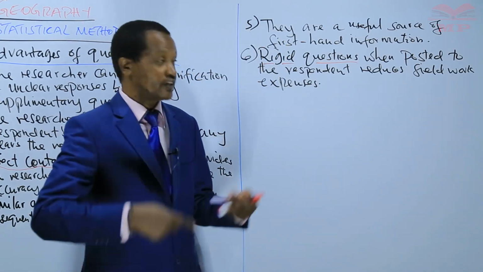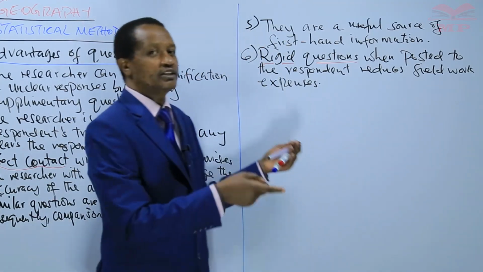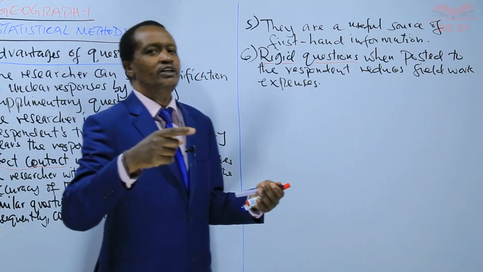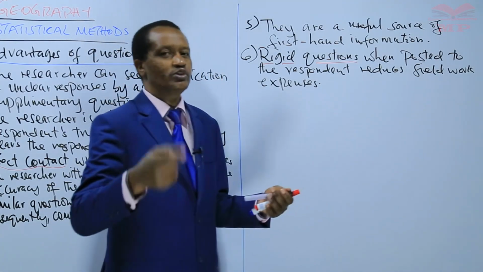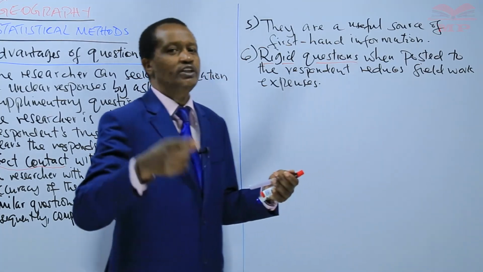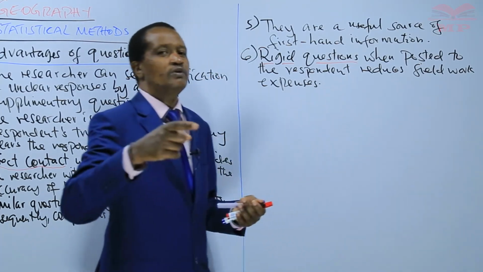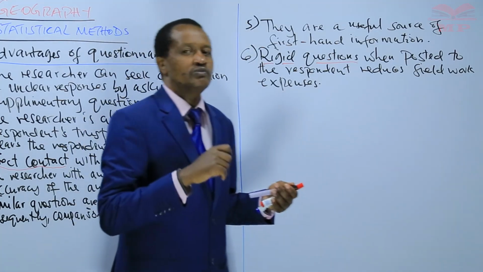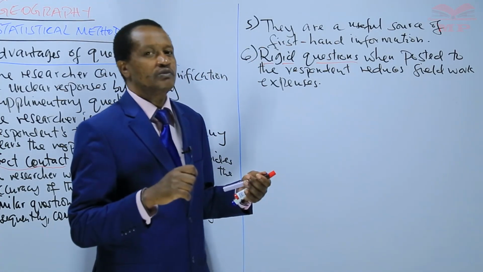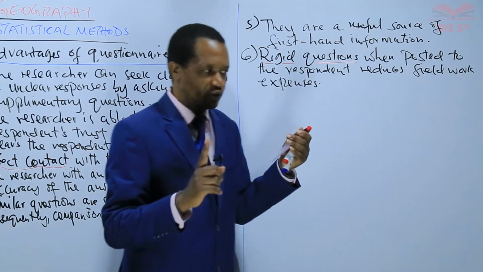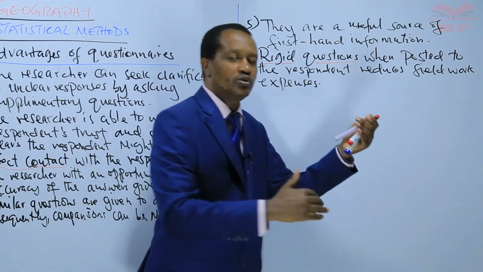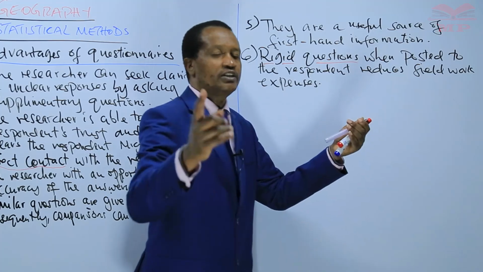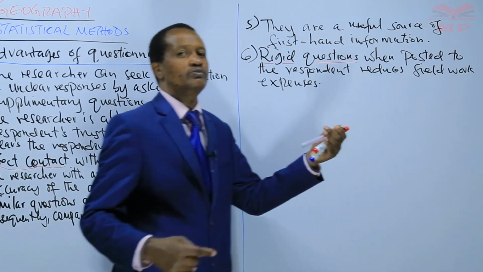In this type of questions, a choice of things to answer is given, usually on the basis of yes or no. So you ask the questions, then you give a list of answers so that the respondent can choose from.